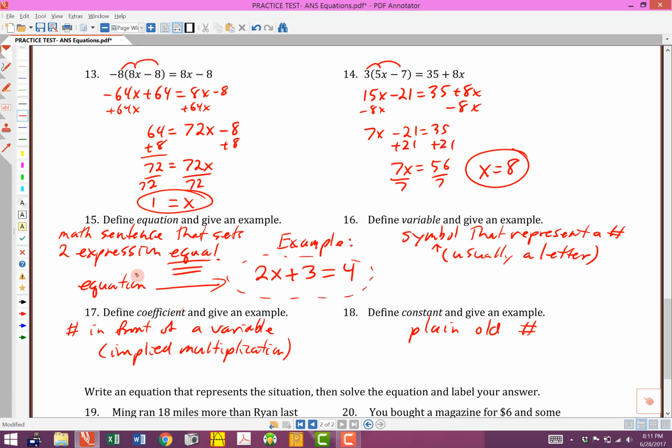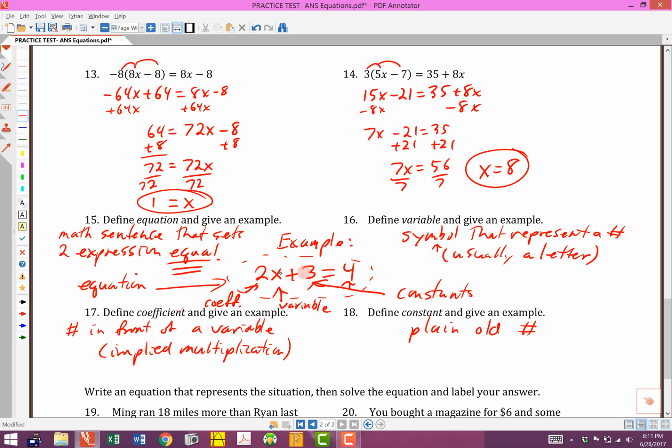Now this x, that's a variable. The coefficient is right here, so I'm going to say coef. Now for a plain old number you can choose from either one of these. Both of those are constants. So we've got one example that takes care of all of it.